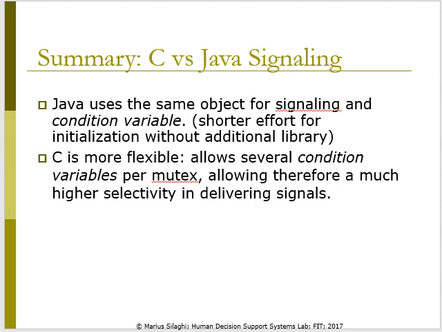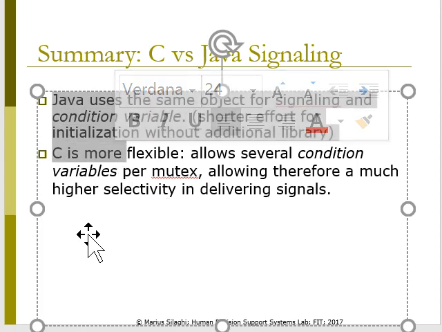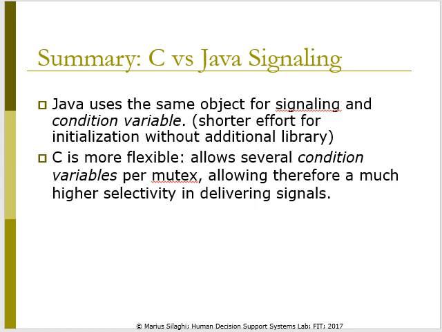In summary, if we contrast C and Java signaling between threads, we notice that Java uses the same object for signaling, and it uses the same object also for the implementation of the mutex and the condition variable, which means there's a shorter effort for initialization than in C, where you have to initialize condition variables and mutual exclusion variables.